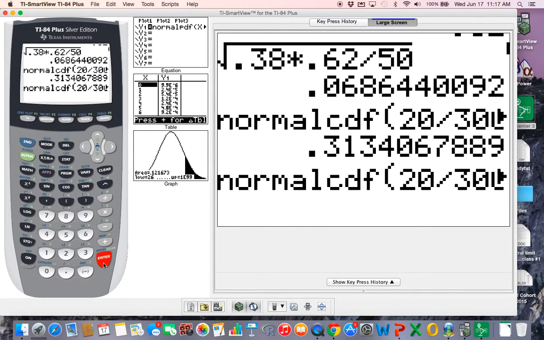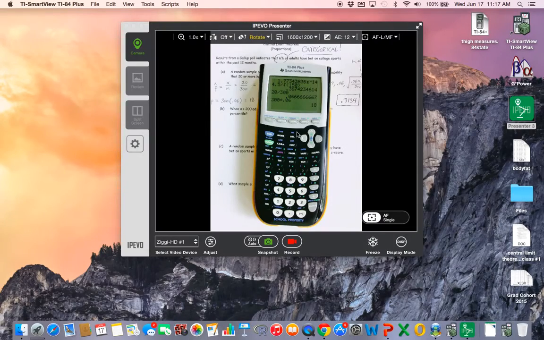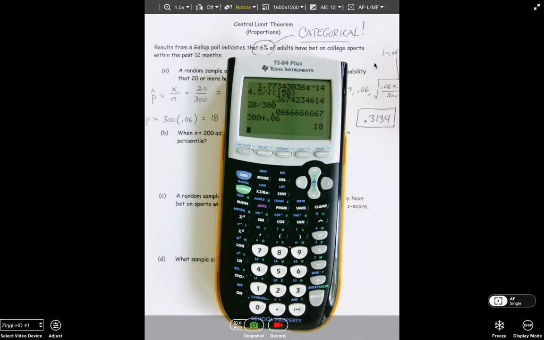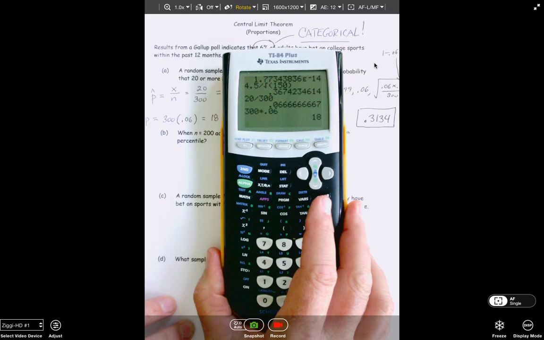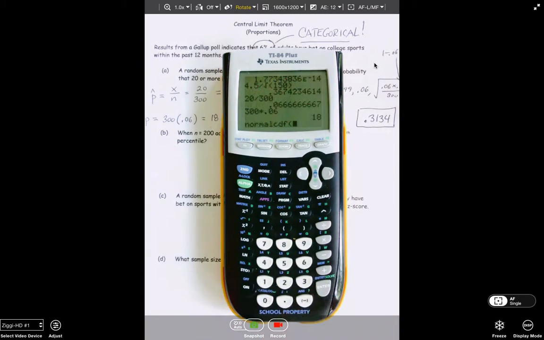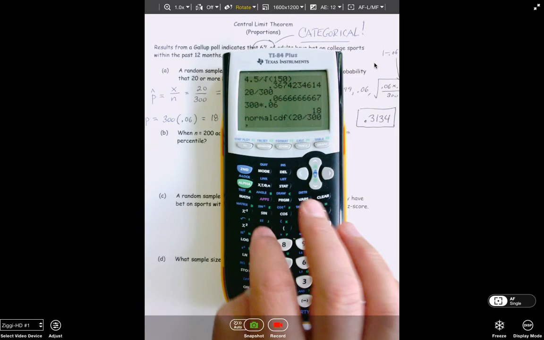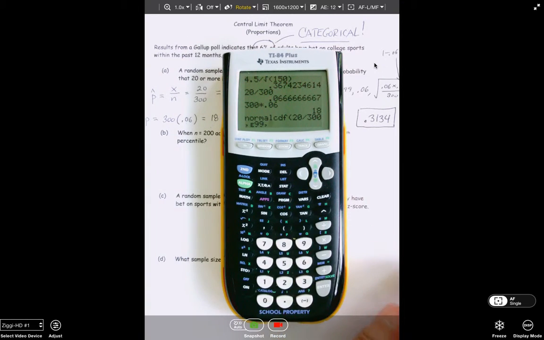All right, gang. What if you've got the other type of calculator? Let me show you how to work it too. If you got the other type of calculator, you just put things more directly. So you still go to normal CDF, again, as long as the n times p and n times 1 minus p are bigger than 10. So here we need 20 out of 300. We need to run that all the way up to E99. We need the mean of 0.06.